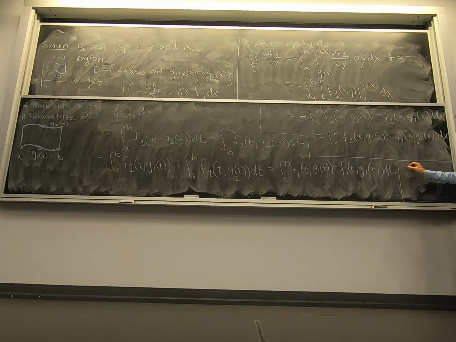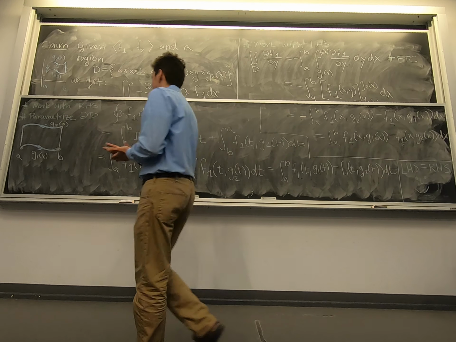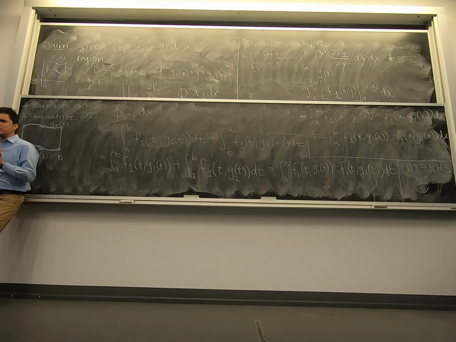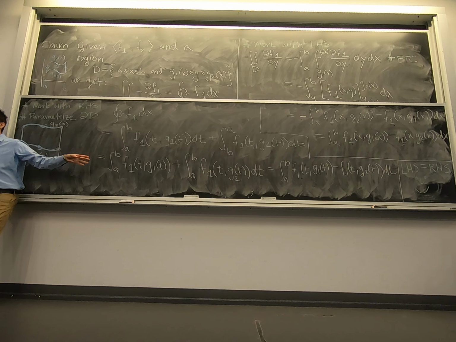So I guess these guys measure the same thing. That is very nice. This is probably the most proofy thing we've done the whole course. If there's things you'd like to know more about, please ask.